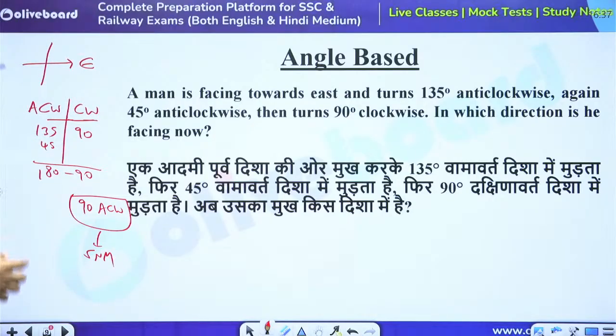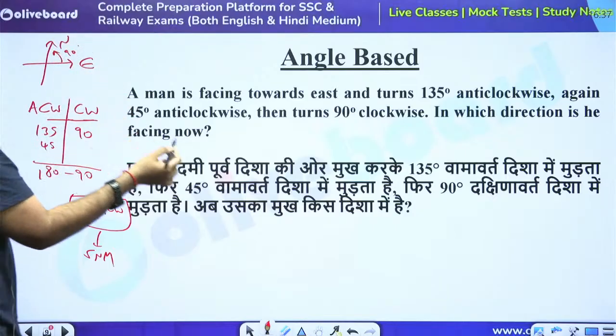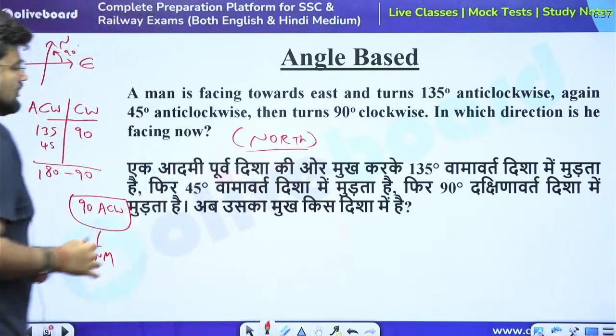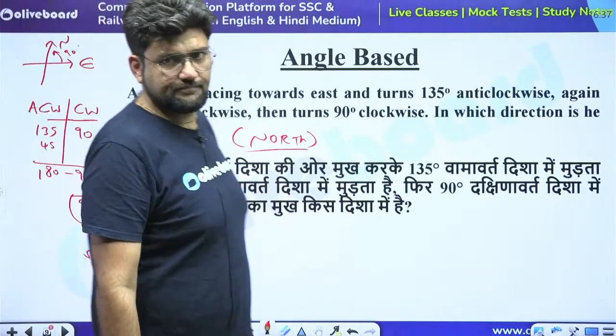So if the person is facing the east and he has to move 90 degree anti-clockwise, what will be anti-clockwise? It will be in this direction and 90 degrees like this. So now he will be facing the north. So my answer will become north. That's how easy this is. Just convert this into a table and get your single net movement and answer accordingly.